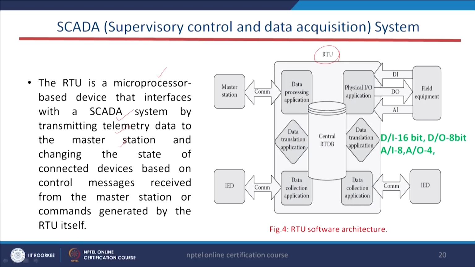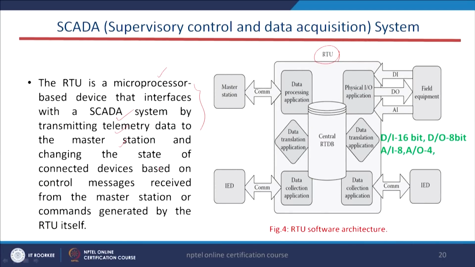So, the function of this RTU is, it is a microprocessor device that interfaces with the SCADA system by transmitting the telemetry data to the master station. This is the first part, the main function of this RTU. What is the second function of this RTU?